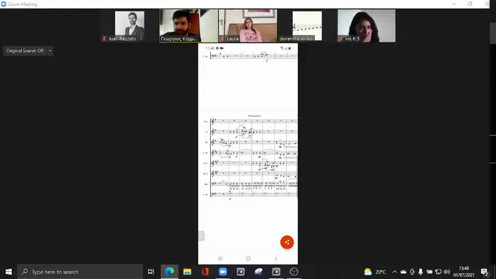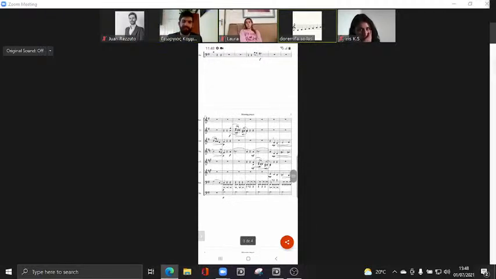Does it not appear again the second time? It's there. It says again the cor anglais, though we didn't change it. Yes, I selected the same instrument the two times. Okay. Because it's a counter melody and it's something that you have to listen to.